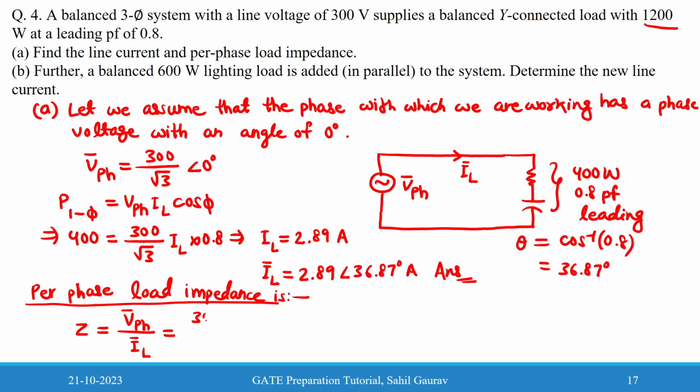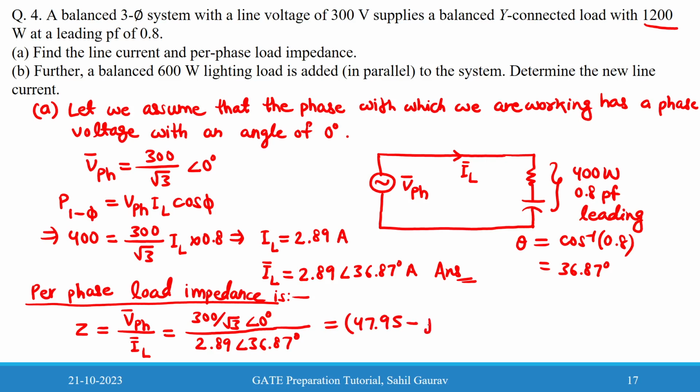V phase is 300 divided by root 3 at the angle of 0 degree, and IL is 2.89 at the angle of 36.87.